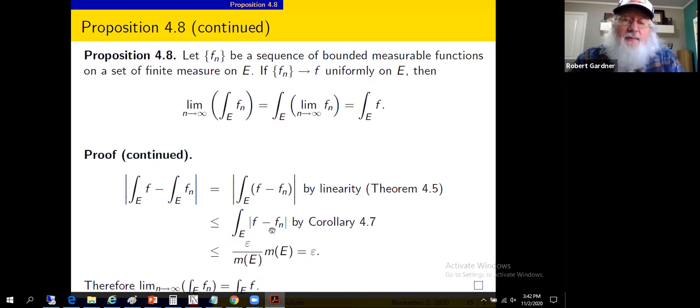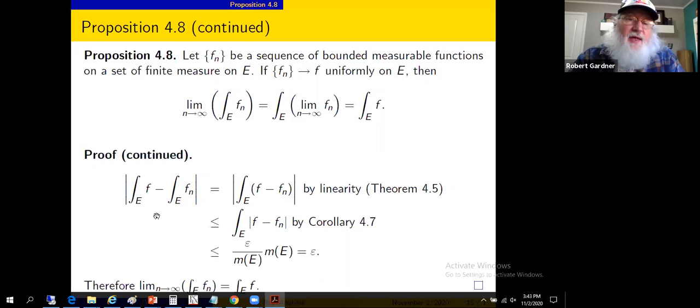Then we multiply that by the measure of the set. We're doing a monotonicity type thing here as well: we've got a bound on the integrand and the measure of the set. The measures cancel, and we're left with an epsilon.